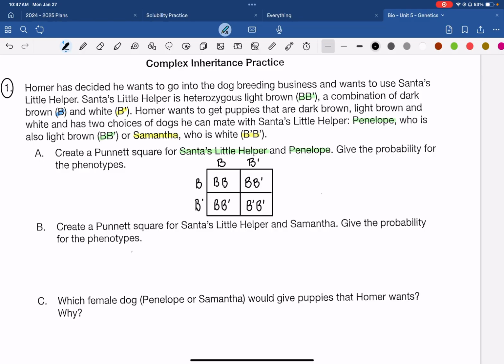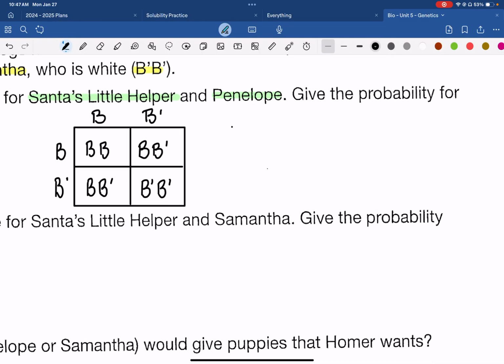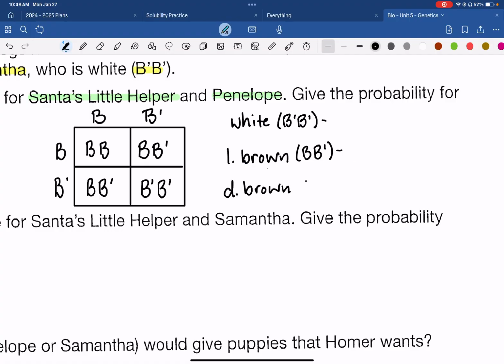All right, what are the probabilities for the phenotypes? Well, our options are for them to be white, which would be B prime, B prime, since the white allele is B prime; light brown, which is B, B prime; or dark brown, which is B, B. How many of these offspring boxes indicate a white fur color?